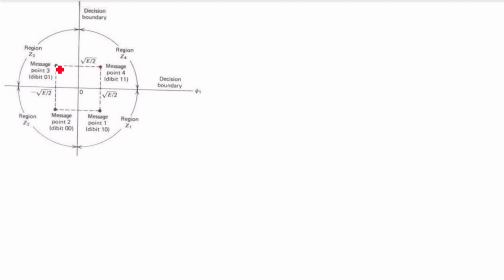The message point corresponding to 0 1 is in the second quadrant, the message point corresponding to 0 0 is in the third quadrant, and the message point corresponding to 1 0 is in the fourth quadrant. So this is nothing but the signal space representation, or constellation, of QPSK.